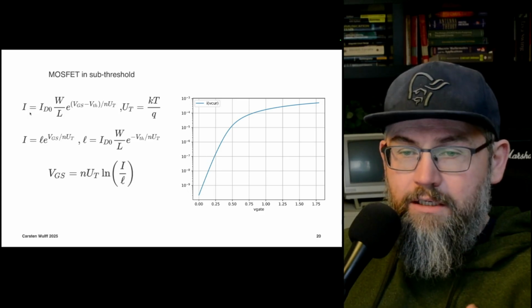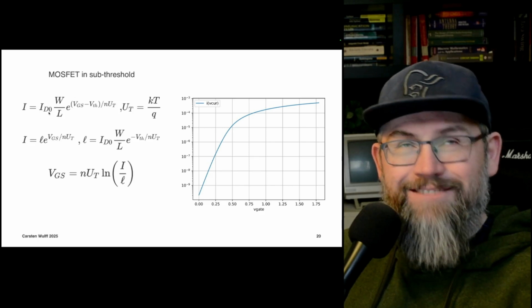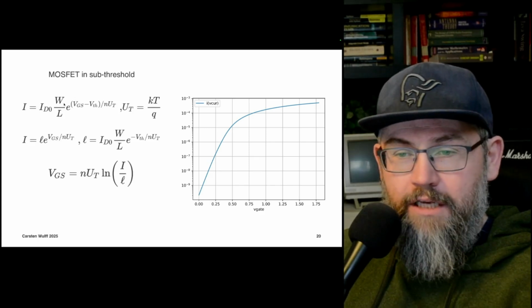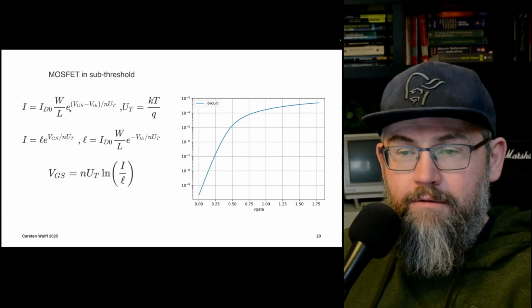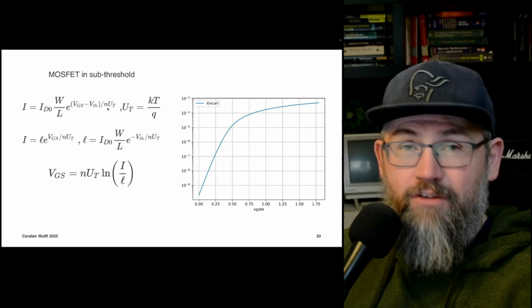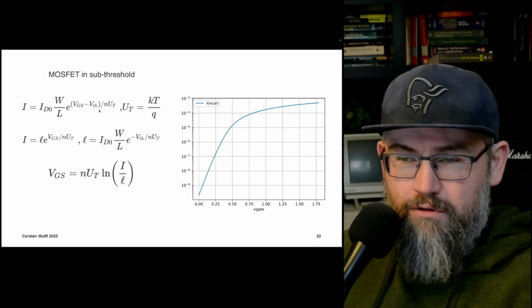So the relation is roughly given by a zero, or call it a nominal current, scaled by the width divided by length, to the exponential of VGS minus VT divided by the N times the thermal voltage. N in this case is usually about 1.5 or something.